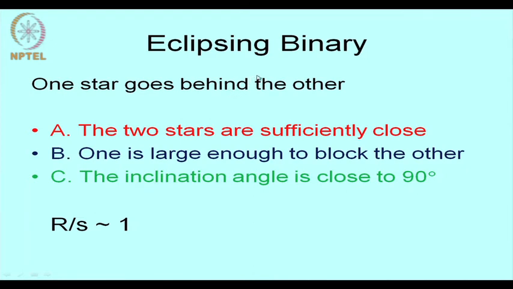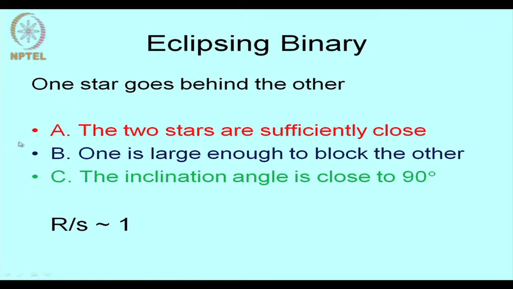So, the question is, how do you know that you have a binary system? Well, you know because one star goes behind the other, creating an eclipse. So, this is a situation where one star eclipses the other, and the question is, what do you require for an eclipsing binary?